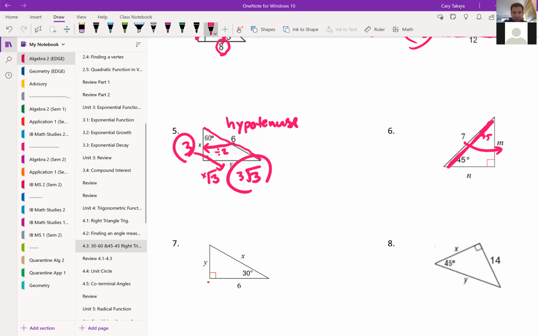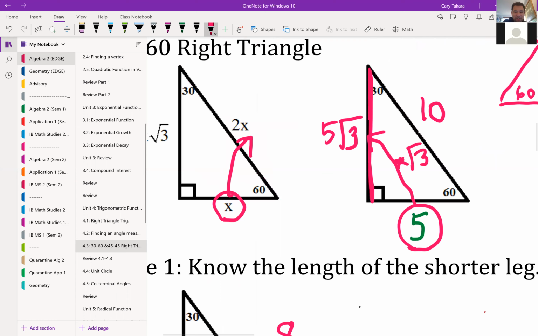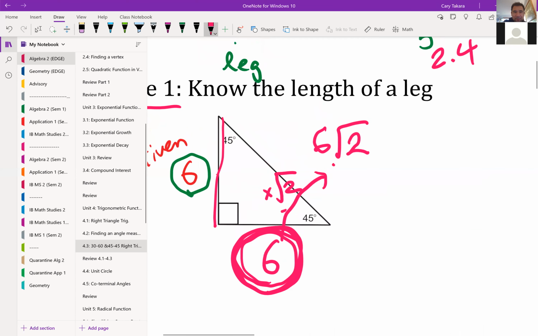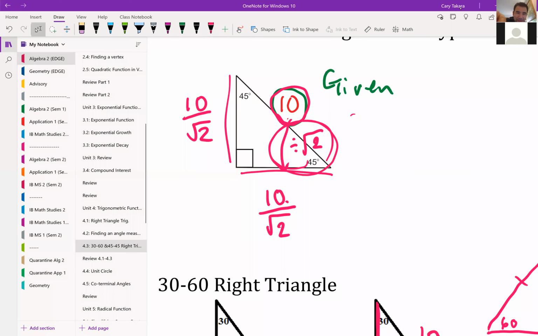Look at your notes, find the 45, 45. If you know the hypotenuse, you've got to divide by square root of 2. So if you have this in your notes, it helps you, right?